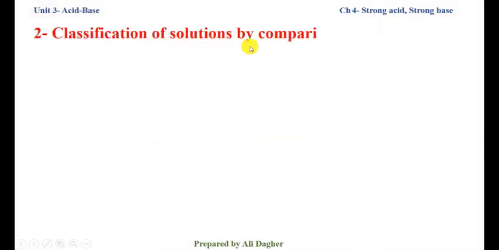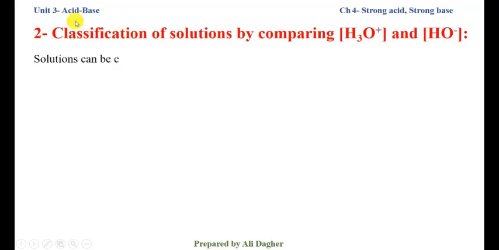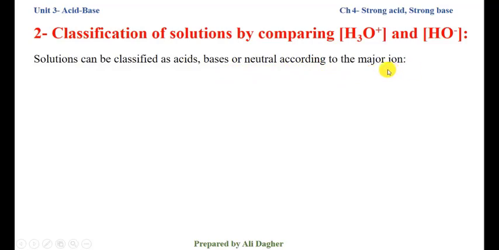Classification of solutions by comparing the concentration of H3O+ to the concentration of HO-. Solutions can be classified as acidic, basic, or neutral according to the major ion. In acidic solutions, the major ion is the H3O+ ion, that means the concentration of H3O+ is bigger than the concentration of HO-.